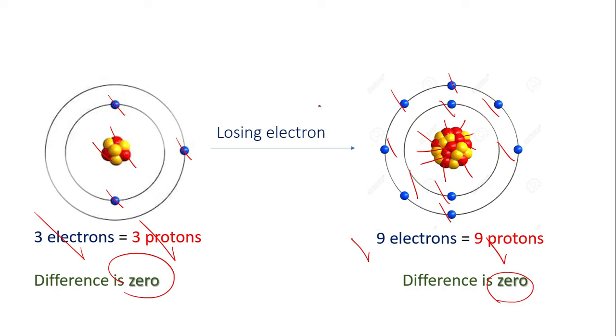But what would happen in this case? We will lose an electron moving from here to there. What would happen? Would these numbers stay the same or different?